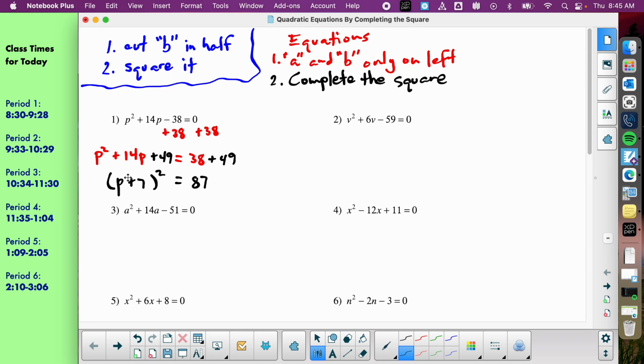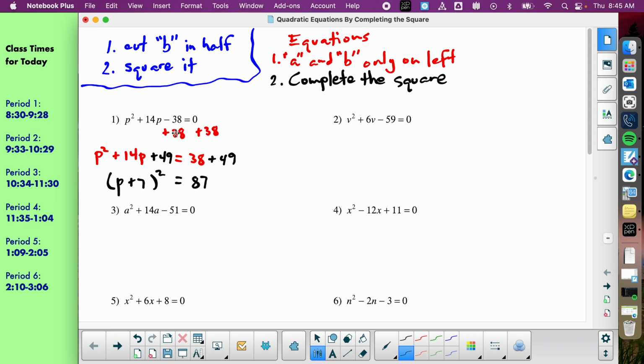Well, that's what we're trying to figure out at the end. Were you okay with how we moved the 38 over to start with? Okay, so the reason we moved the 38 over to start with was because we were trying to put a number in here that worked better so that we could actually factor it.